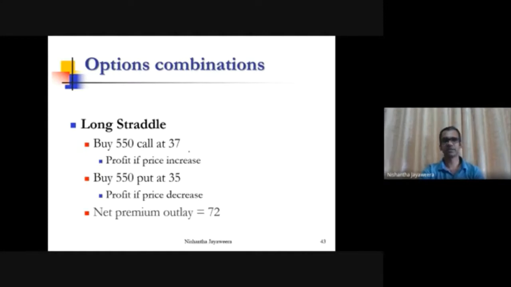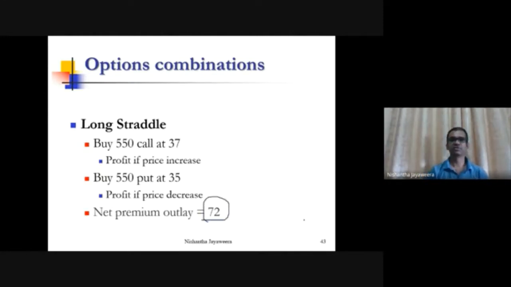You buy the 550 call paying 37, you buy the 550 put at 35. So the net outlay is 72, because you are going to make a profit either way the market moves. You won't get it at a low cost. You have to pay a high price to get that, which gives you a profit when the price moves either way.